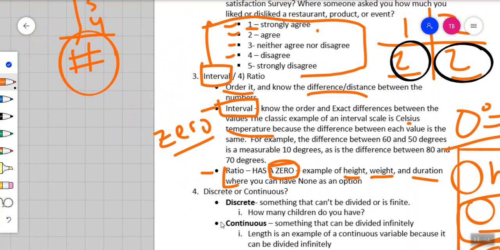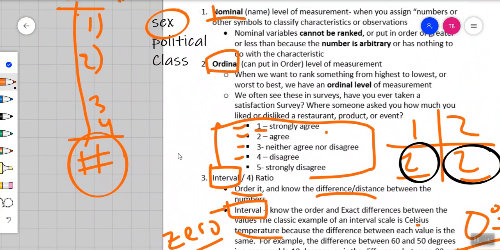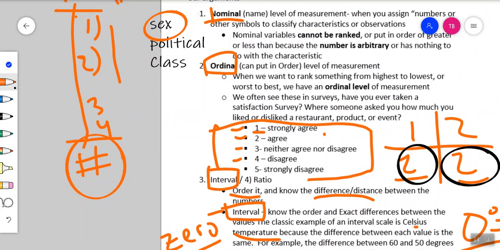But the main thing is, I like to remember the scale, 1 to 4. The further down the scale you go, the more number-like it becomes. Whereas on the front end of the scale, towards 1, nominal, there are no numbers really involved other than arbitrary things. So nominal levels of measurement are arbitrary: political party, Republican, Democrat, male, female. Ordinal, you could put them in order.